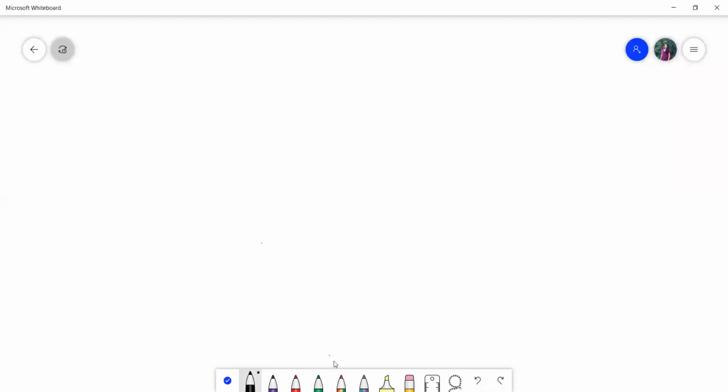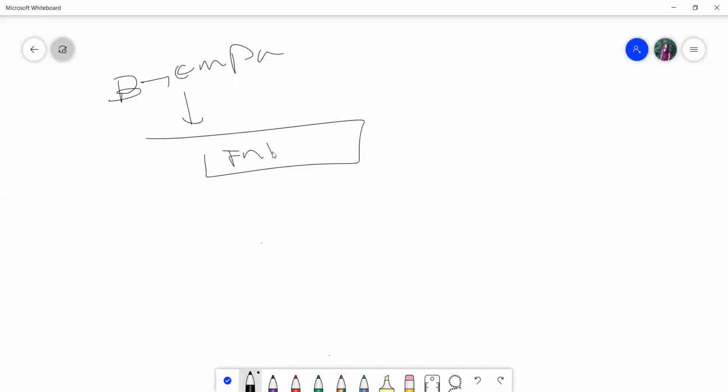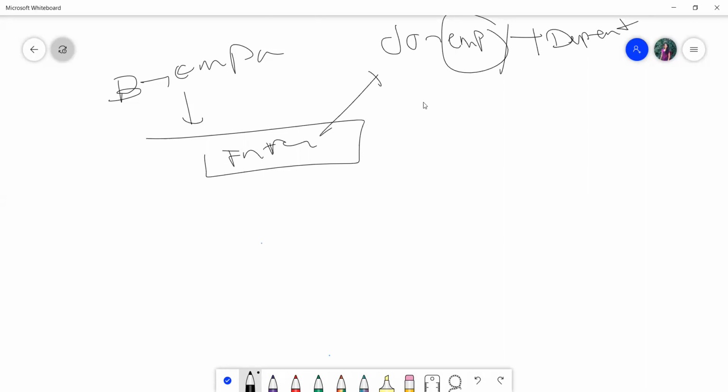So you can see, let's take this one as B company. In this B company, they're going to introduce an insurance policy for their employees and his or her dependent.